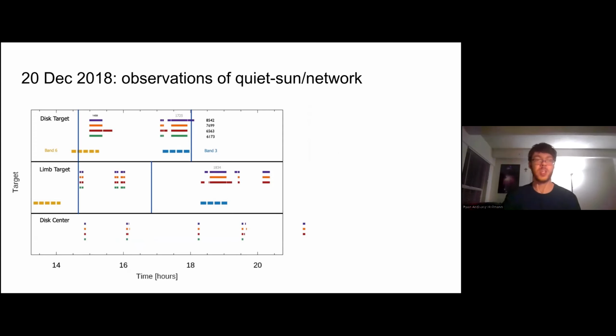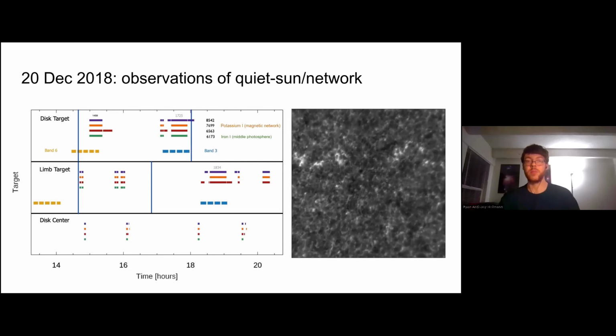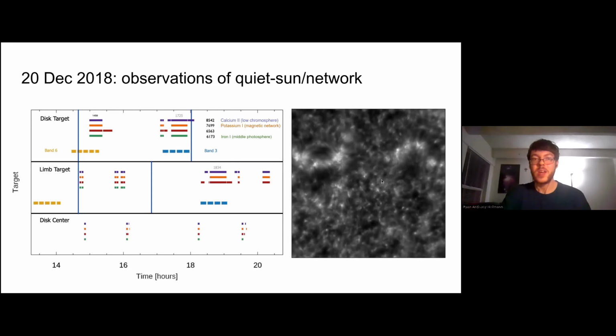So these observations were taken in December 2018. We have the iron 6173, which is low in the photosphere. Then we have potassium 7699, which is higher up a little bit. 8542, which is a calcium line in the low chromosphere.